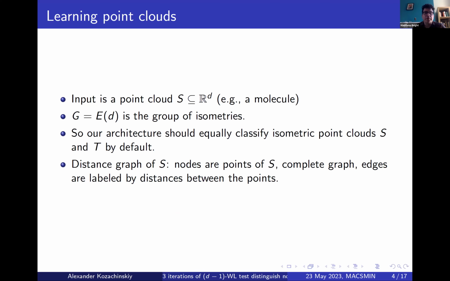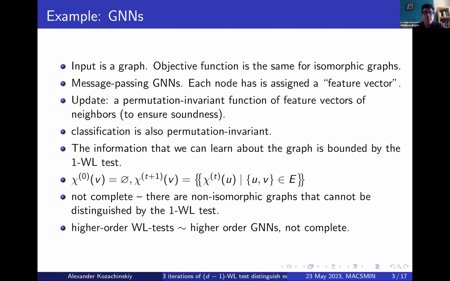What does higher order mean? In what sense is it higher? Well, what I described here is what's known as the one-dimensional WL test, and there are also k-dimensional WL tests. The main difference is that, for example, the two-dimensional WL test will work with labelings of pairs of nodes.